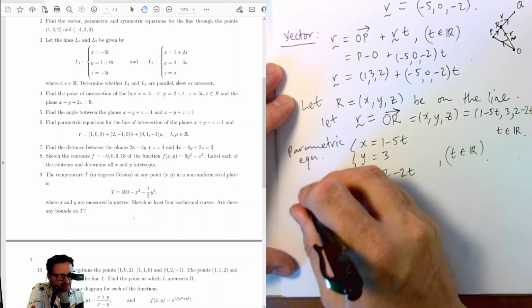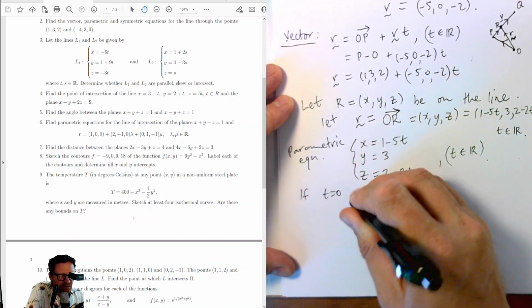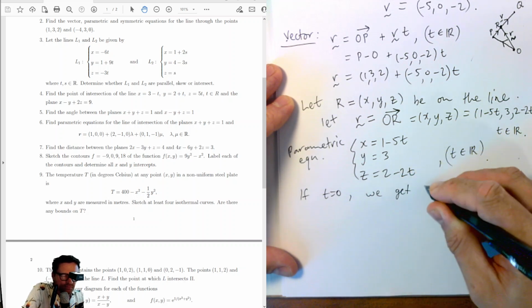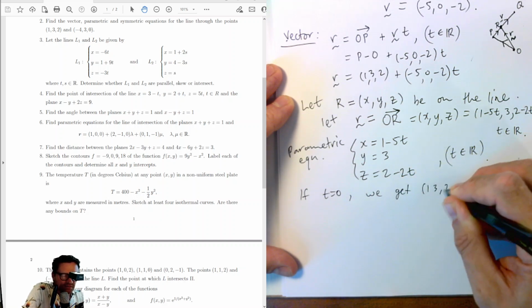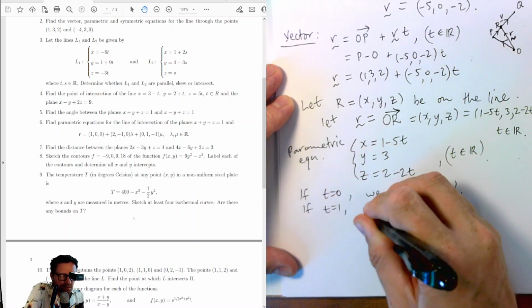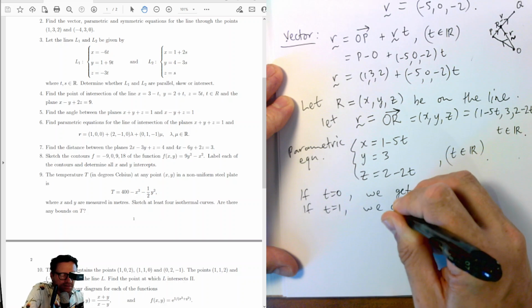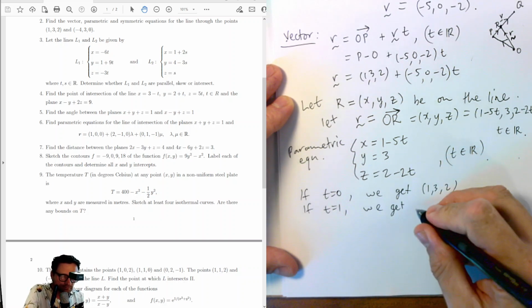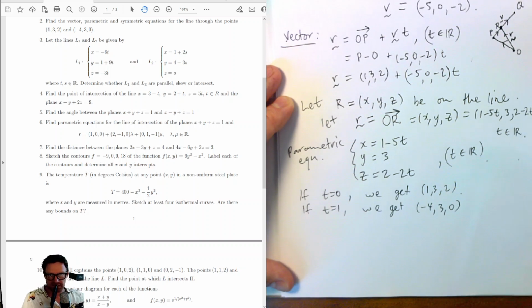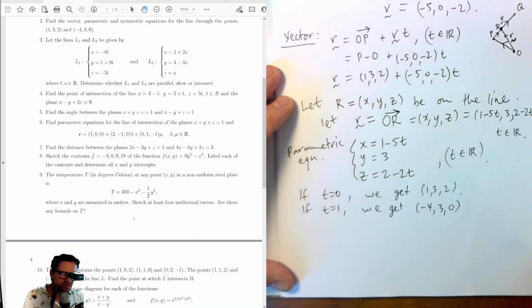Okay, so let's write that out. If t equals 0, we get (1, 3, 2), and if t is equal to 1, we get (-4, 3, 0). But I could choose other points. For example, I could choose t as 1/2, and so on and so on.